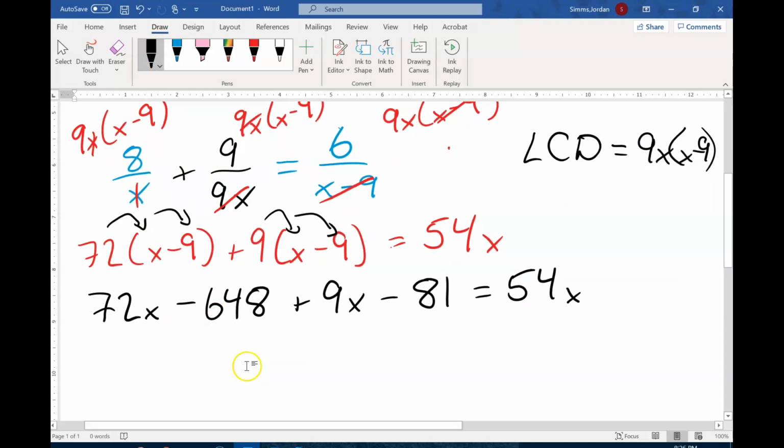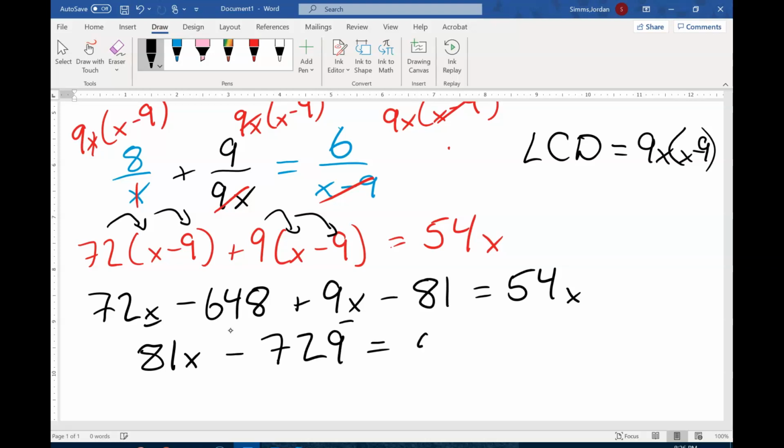Let's combine some like terms. I have negative 648 minus 81. We'll combine those up. That gives us negative 729, and we'll combine our x terms as well. 72 plus 9, so it's going to be 81x minus 729, just combining like terms, equals 54x.